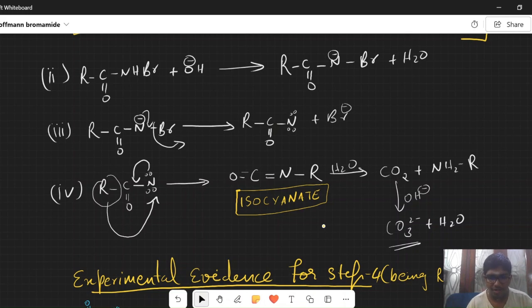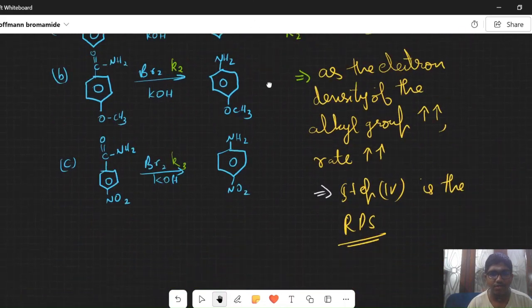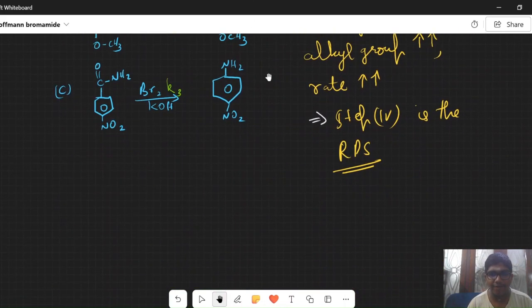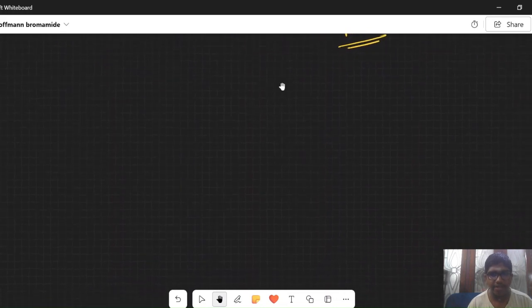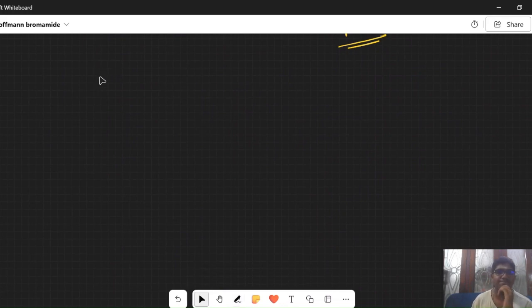So this was a big problem in the mechanism proposed. Here we got the evidence that step 4 is the rate determining step, but I'll write it as problem.